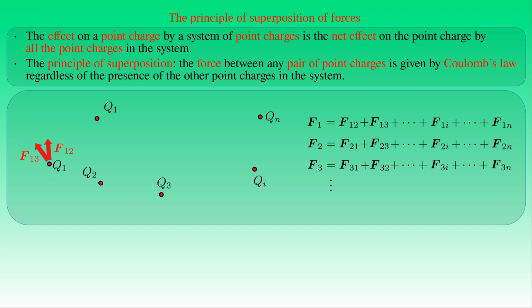By applying the parallelogram law, we obtain the net force of these forces. Then we take the next force in the sum, which is the force F14 exerted by the point charge Q4, and apply the parallelogram law for the net force and the force F14. This operation gives a new net force, and we can continue the calculation with it and the rest of the forces in the sum.